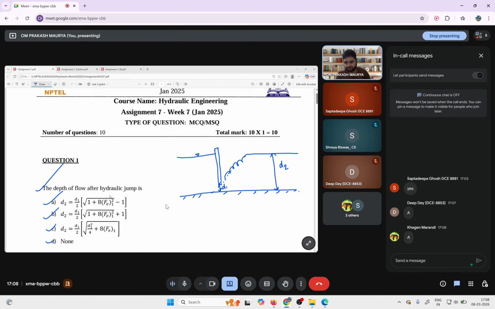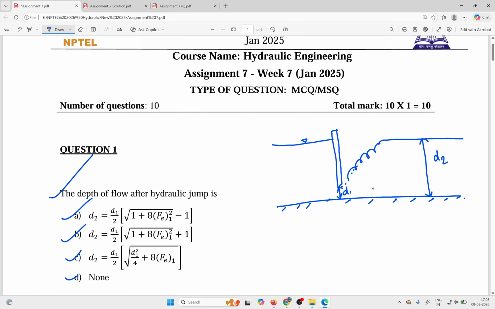Okay, let me explain. One thing to always remember about the relation between D1 and D2, because sometimes students forget during the examination. If D2 is equal to this side, D1 will come. If D1 is on the right hand side, then within the square root the Froude number will correspond to depth 1.